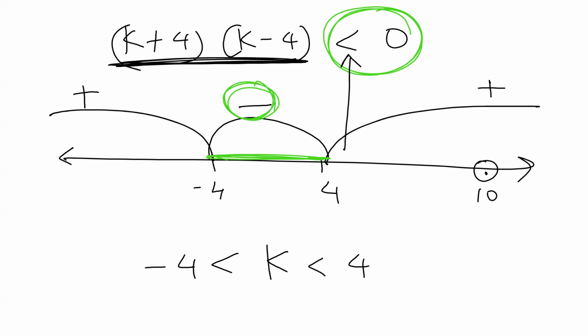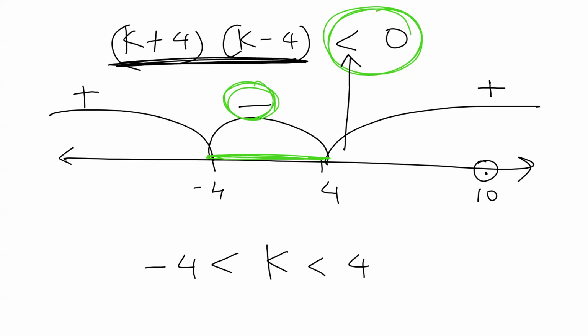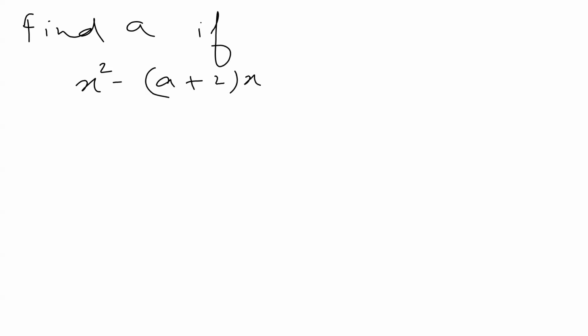Second extra question. Find a if x square minus (a plus 2) x plus 4 is always positive. Positive means greater than 0.